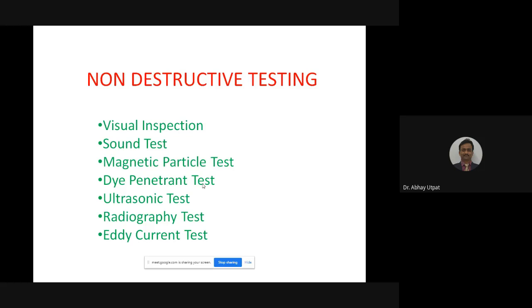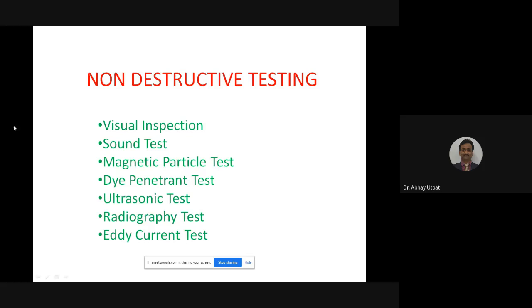That's why skilled operators are required to judge the sound quality. That's why this test is also a non-standard test, because one person can hear a good sound, another may not. You can't judge whether it is accepted or rejected.